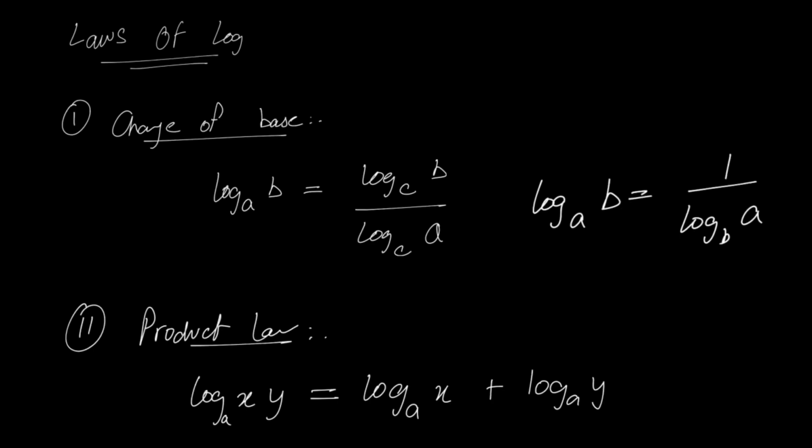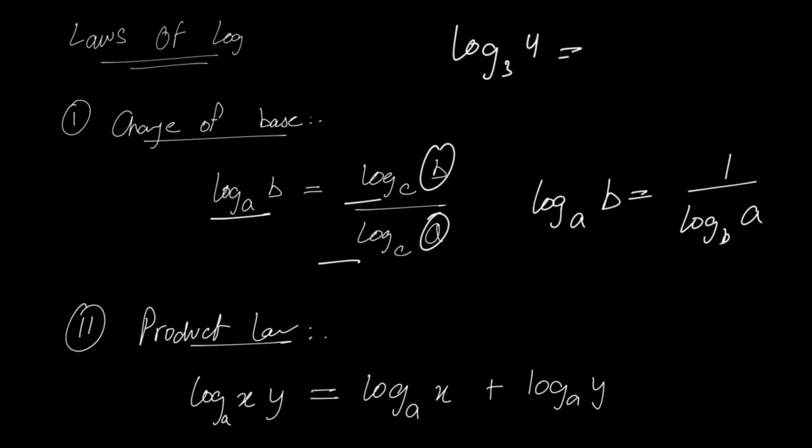Okay, so like in indices and surds, log has certain laws. To change the base, you can take a common base. So log base a of b can be changed into log base c of b upon log base c of a. So for example, I have log base 3 of 4.